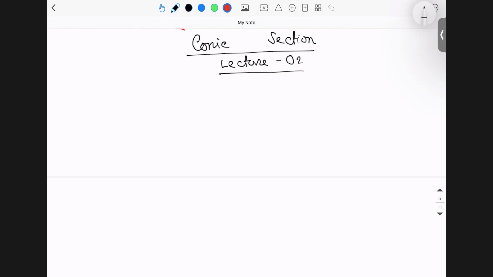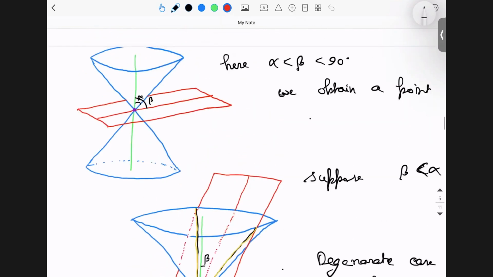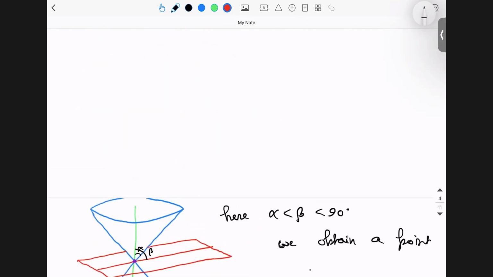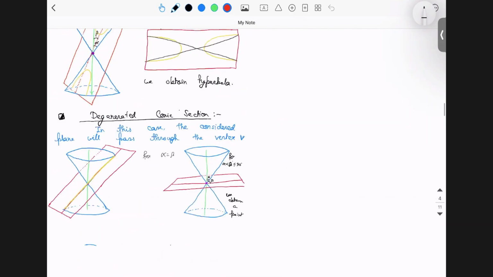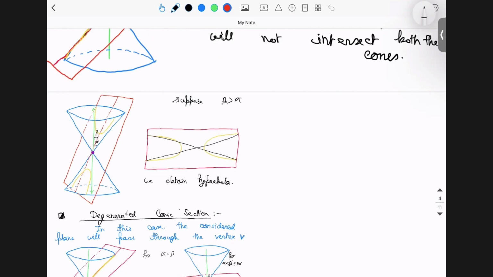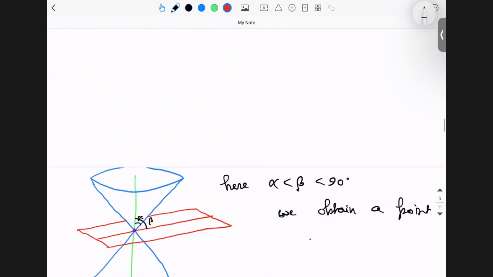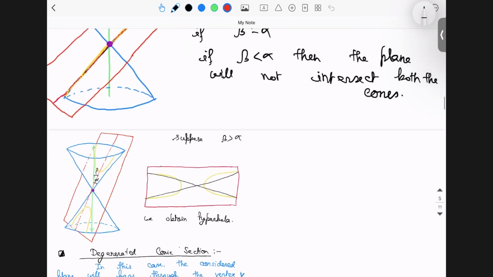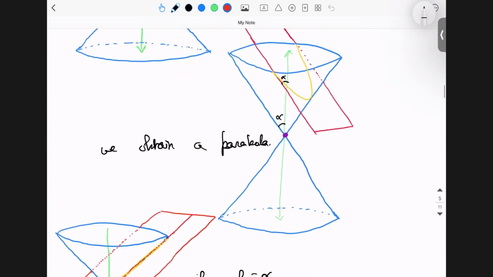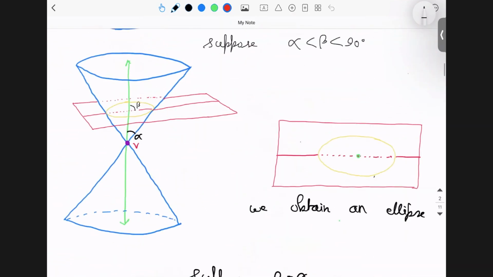Okay. So from the last class, we were discussing the conic section. A conic section is nothing but a section of intersection of a plane with some cone. Here you can see that in the last class we discussed the different figures we obtain from the intersection of the cone with the plane.